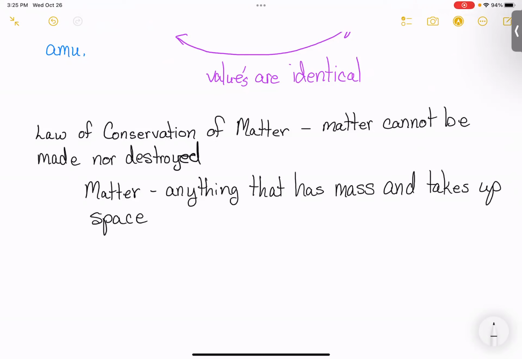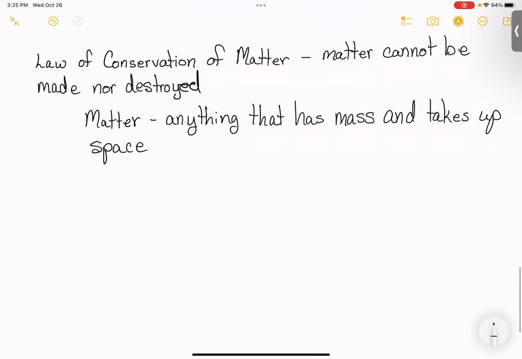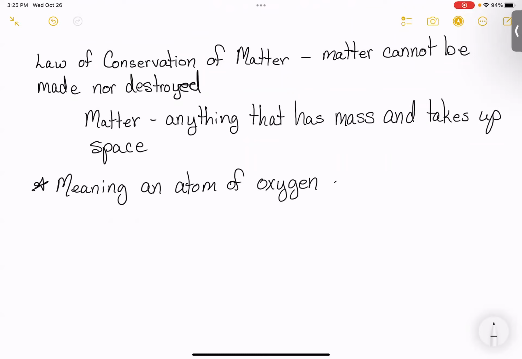Understanding that is important because matter cannot be created, nor can it be destroyed. That means an atom of oxygen cannot be created, nor can it be destroyed.